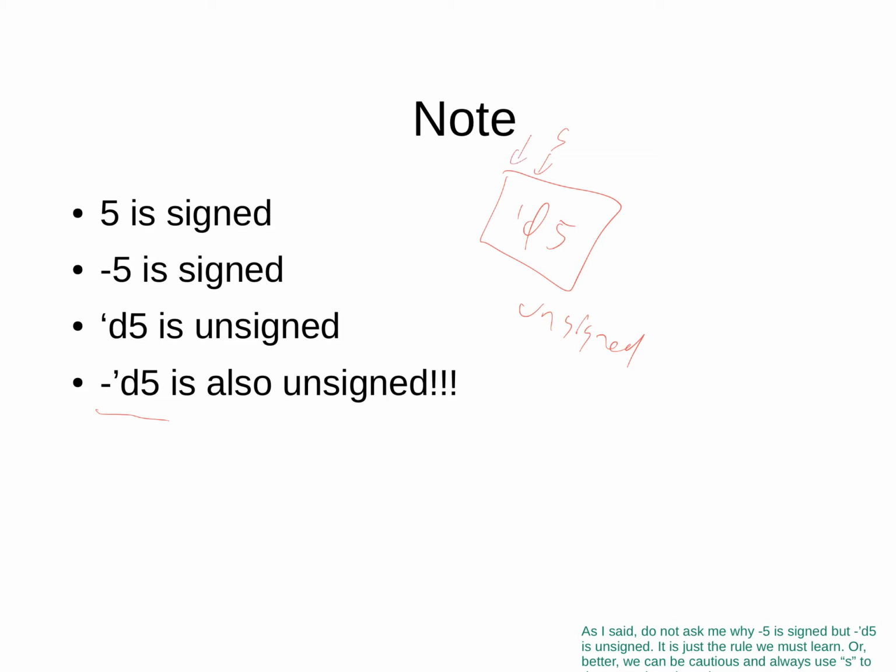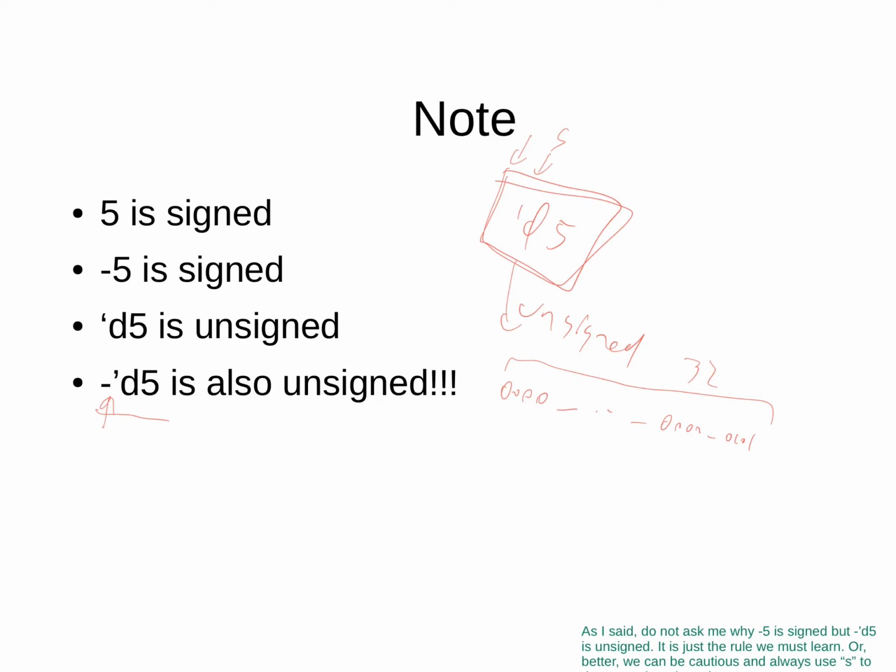Let's say it's 32 bits, so this will correspond to a number that in total is 32 bits long, starts with lots of zeros and finishes in 101. That's what 'D5 is going to give me.